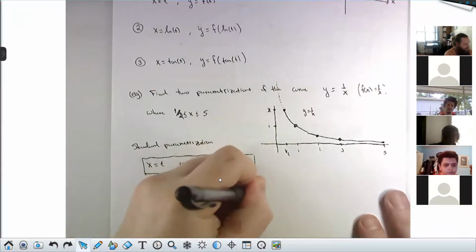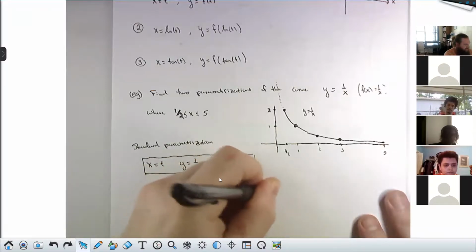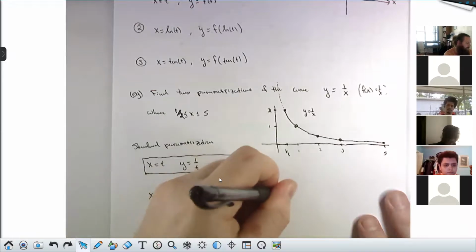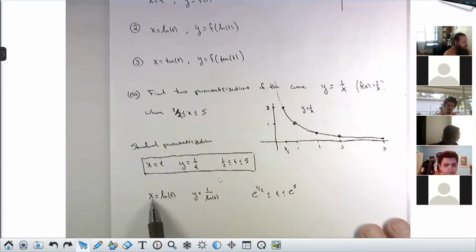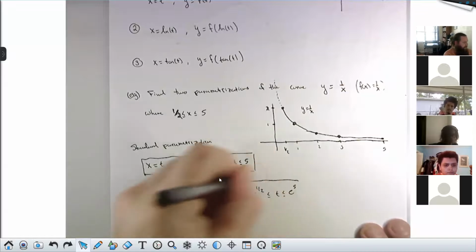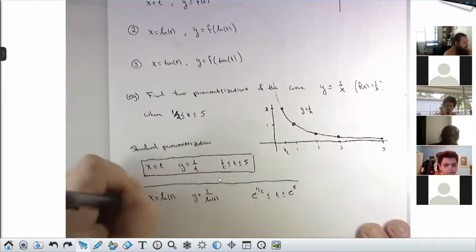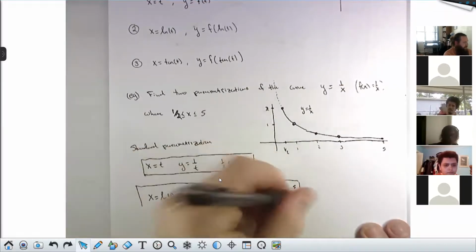That means e to the 1/2 would be less than or equal to t would be less than or equal to e to the 5. Because to get this equal to 1/2, you need t equal to e to the 1/2. The natural log of e to the 1/2 is 1/2. So this would be another way to parametrize that curve. And there are many, many more.